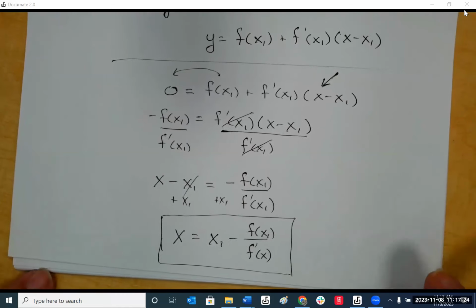Now, remember, it's iterative. If these are all x1s, what does this one become? This one's x2.